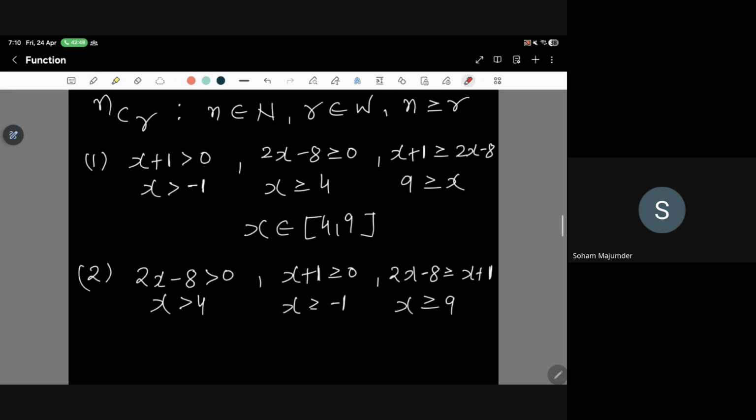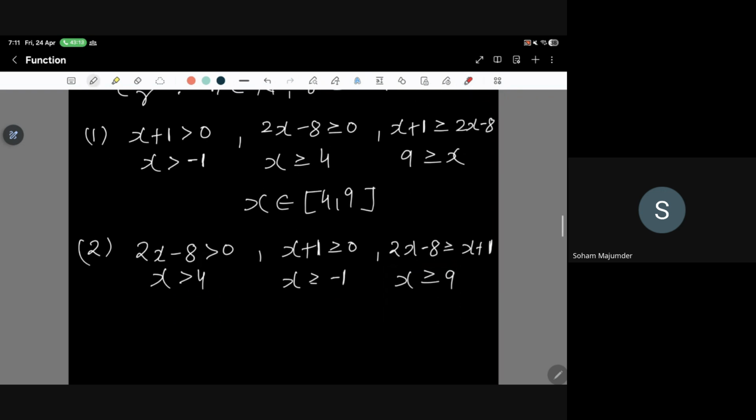So here we have three inequalities. Which one should you pick, which will satisfy all the values? Yes, Soham, Amitesh. If we have to take the common part of these three solutions, x is greater than or equal to 9. Yes, x is greater than or equal to 9.